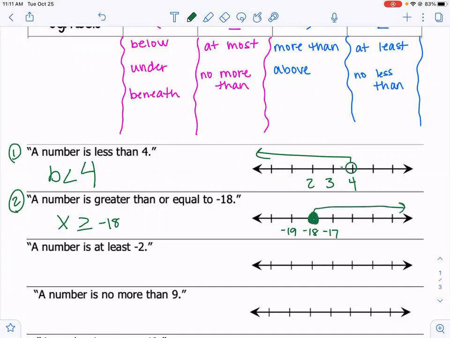Okay. Cool. Now, that's just like our warm up, right? Now, the only thing, make sure you label that that's 4 and that's -18. Make sure that there's a 4 right here on your graph. Make sure you write -18 right here on your graph.